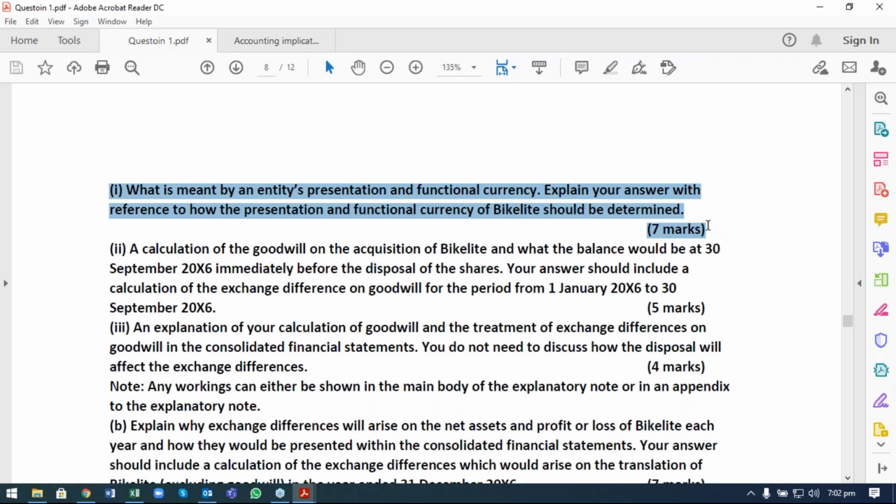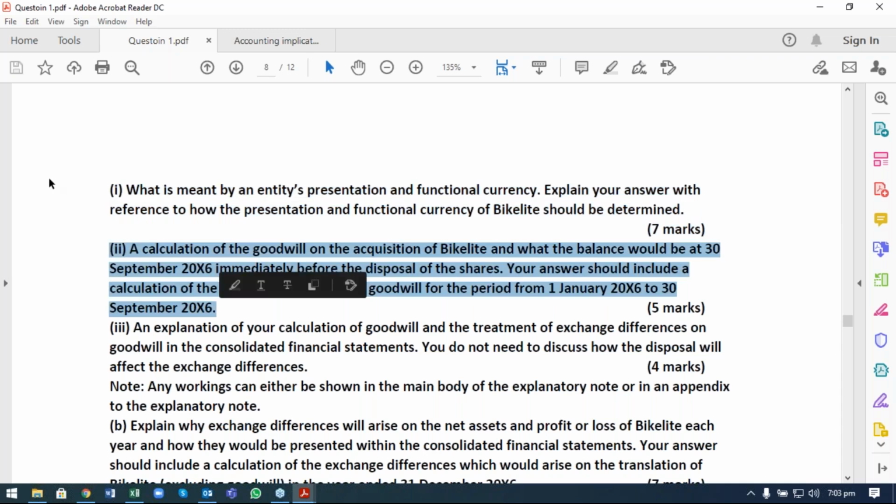So there is a company whose functional currency we need to ascertain using the information available within the scenario, looking at the main criteria provided by IAS 21 and how the functional currency should be accounted for.